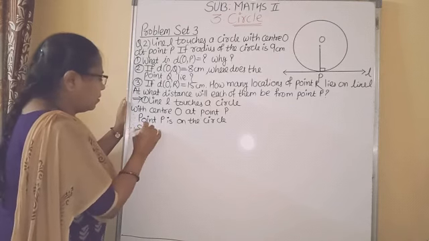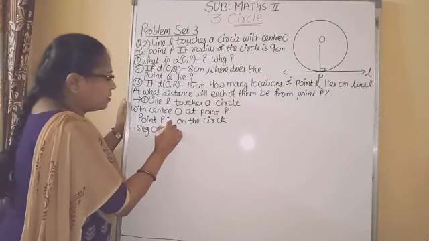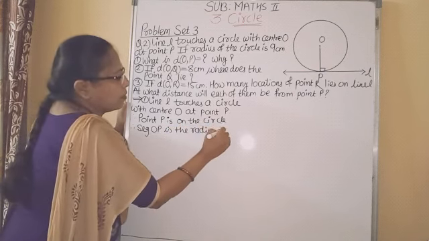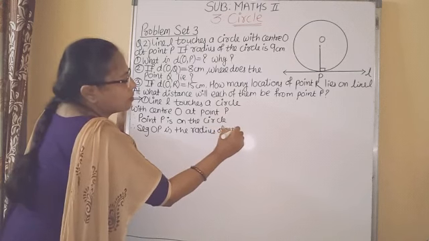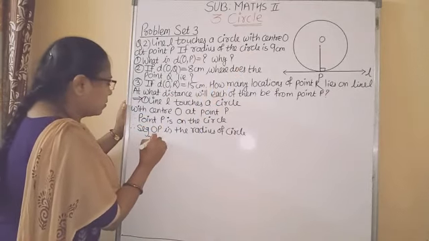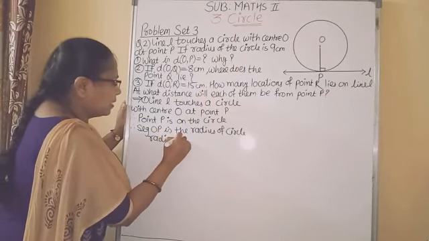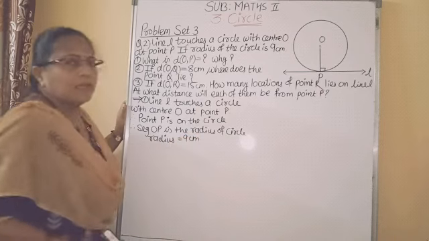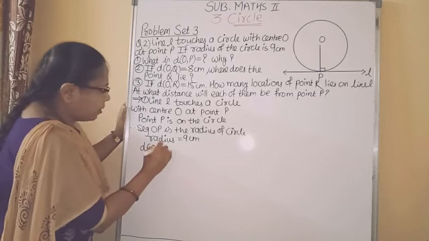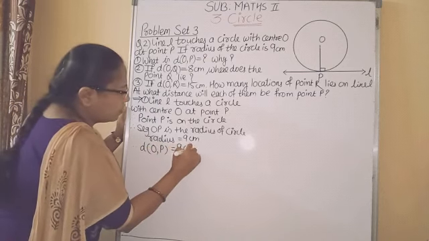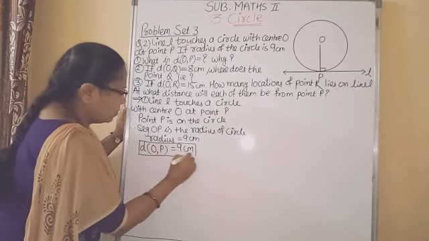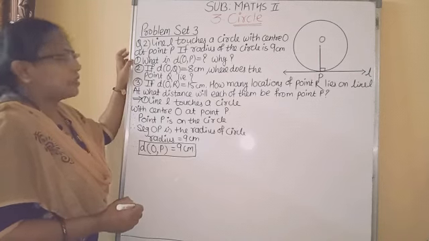Therefore, segment OP is the radius of the circle. And the radius is given 9 centimeters. Radius is equal to 9 centimeters. Therefore, the distance between point O and P is equal to 9 centimeters. Okay? First question we got.